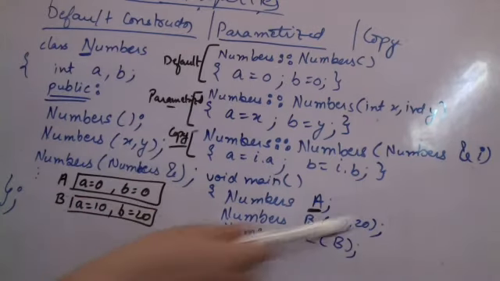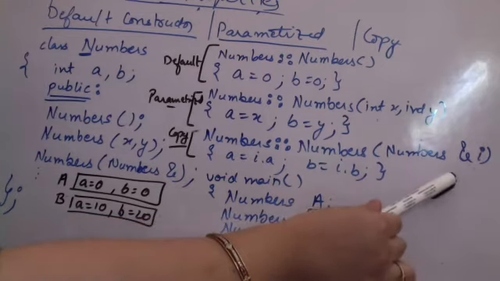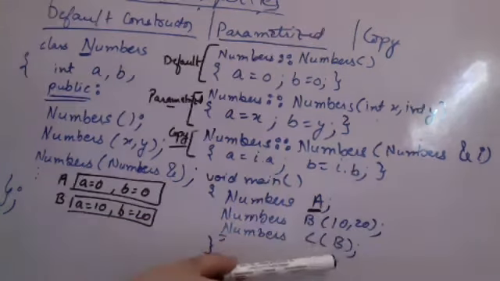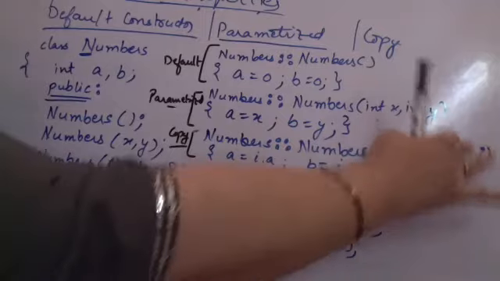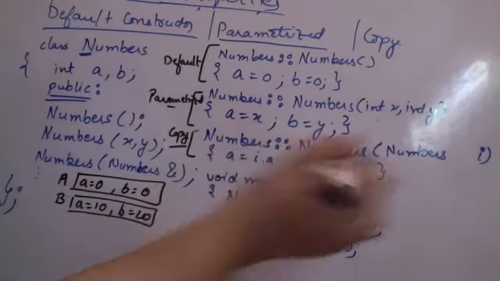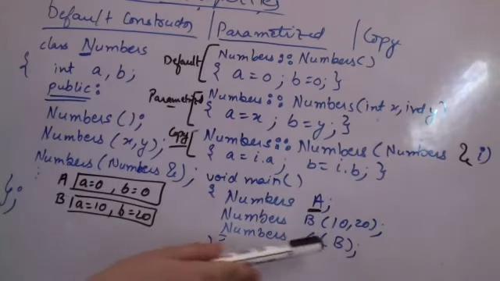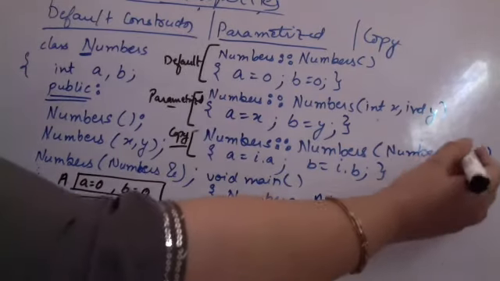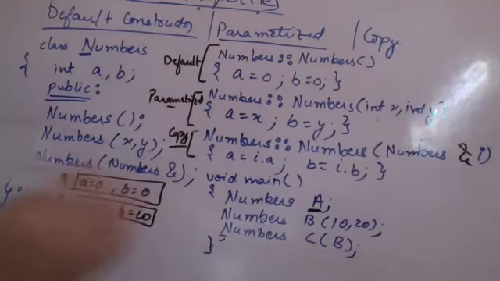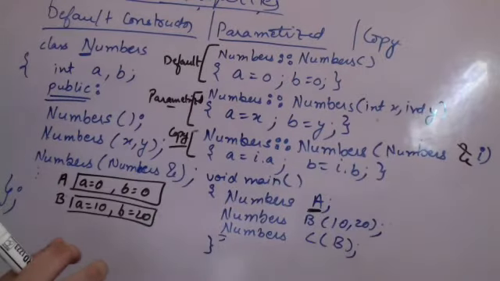So what am I doing? I'm only accepting it as a reference. I'm not accepting the entire object as it is. If you do it like this, you will get an error. It is not allowed. So only a reference is being accepted. This is not a pointer again. This is only a reference to the object that you are passing over here.